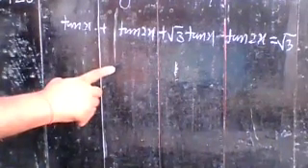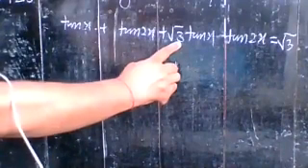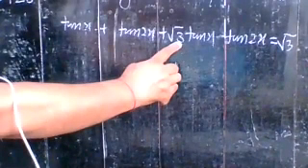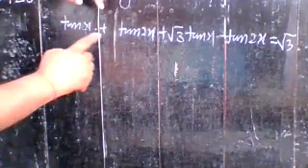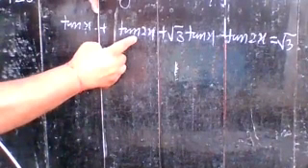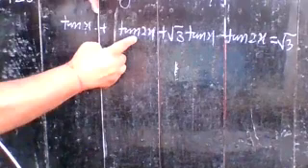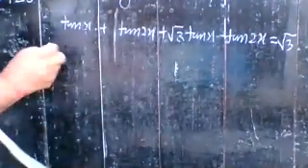Here you have a term root 3 tan x tan 2x, which is in the form of a product, and your right side is root 3. Clear? And here you have two terms in the form of a sum, tan x plus tan 2x. Understand? So what you do, you transfer this term to the right side.